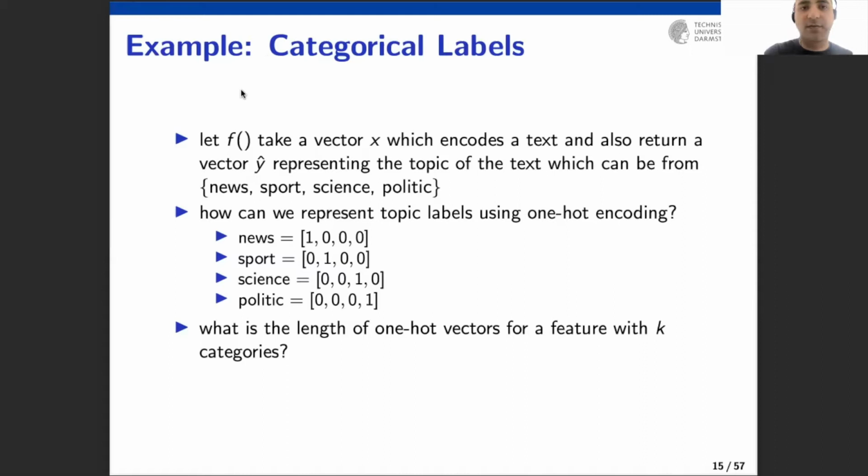The answer is K. If we have K categories, the length of the vector is also K, because for each category we need one element. So if we have K categories, we have K elements.